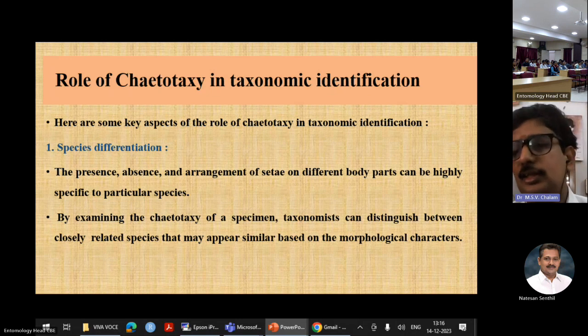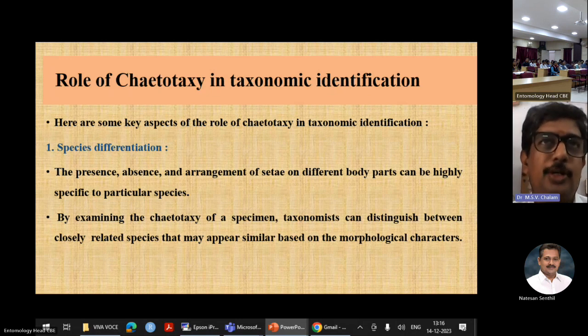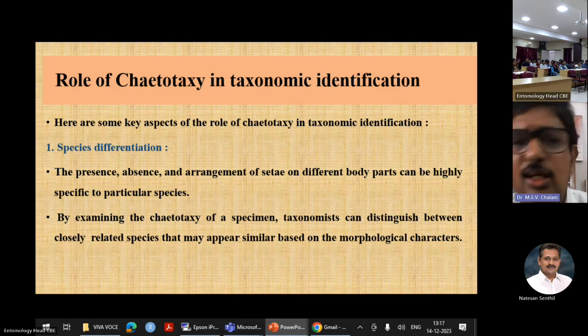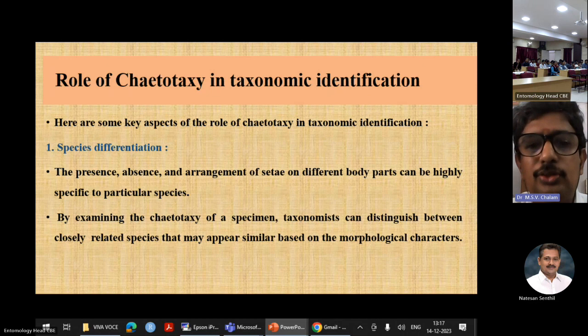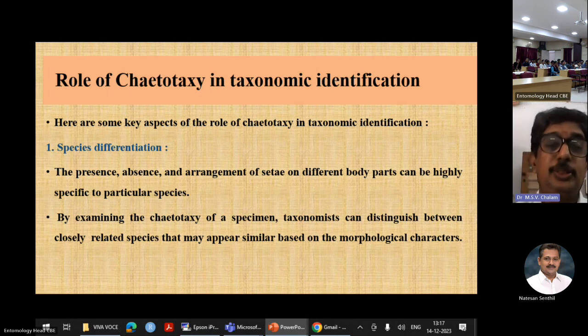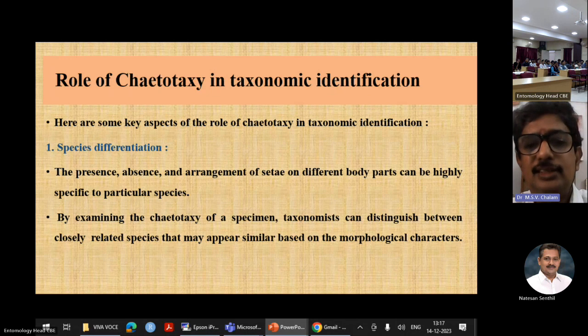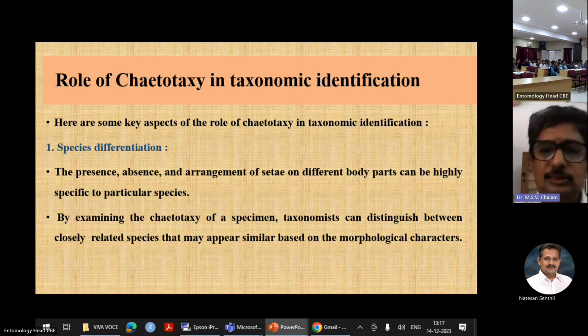You may conduct Chaetotaxy studies for Spodoptera litura, Spodoptera frugiperda, Spodoptera exigua, Spodoptera mauritia. All four species will have different setal maps and different crotchet arrangements, so you can easily differentiate between the species. Even by studying Chaetotaxy, we can differentiate between two closely related species that may appear very similar based on morphological characters. Next one, please.